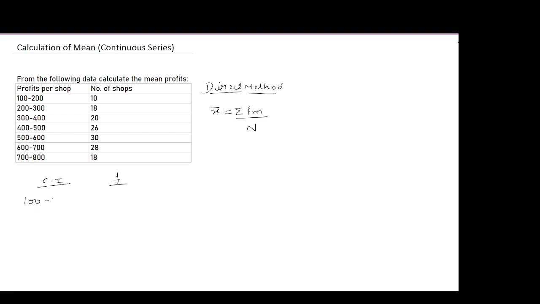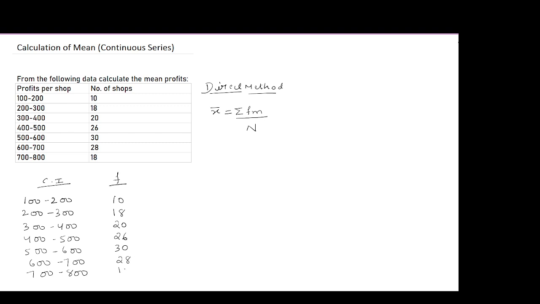So class interval is given as 100 to 200, 200 to 300, 300 to 400, 400 to 500, 500 to 600, 600 to 700, and the last class interval is 700 to 800, and the frequencies given are 10, 18, 20, 26, 30, 28 and 18.